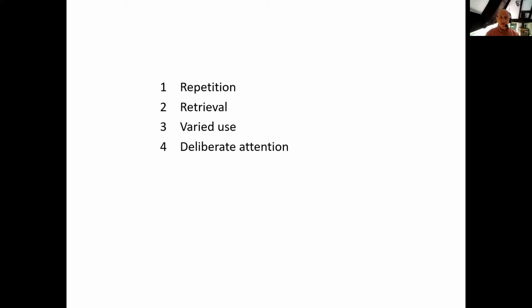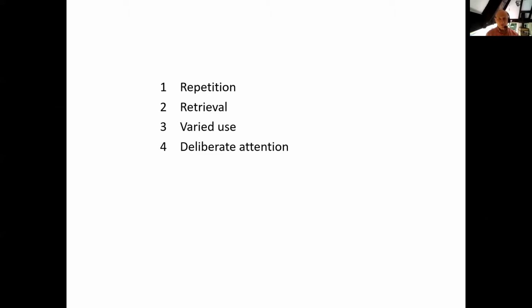Now, the second, third, and fourth conditions really can be summarized by talking about the quality of attention which occurs during the repetition. So, in a way, if we want to really simplify these 4 points even more, we can say that there are really two things that matter most of all in learning vocabulary.